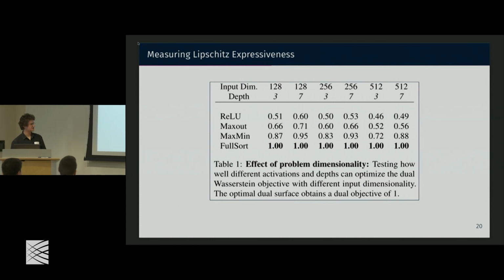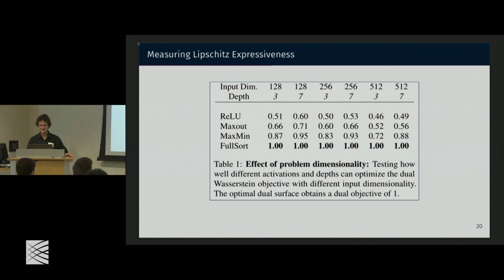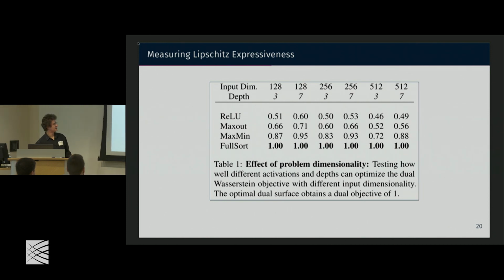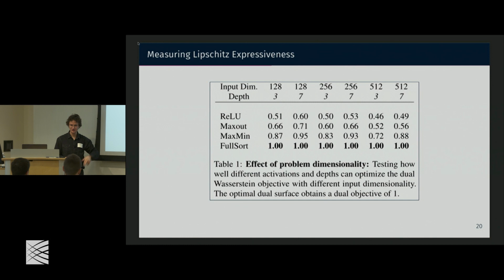Using the same evaluation strategy, we can increase the problem dimensionality and test how our methods work for higher dimensions. And we basically get the same picture here. So in this table, we're trying to fit higher dimensional absolute values and see how we do. And we see that somehow sorting the whole activations is strangely suited for this problem.